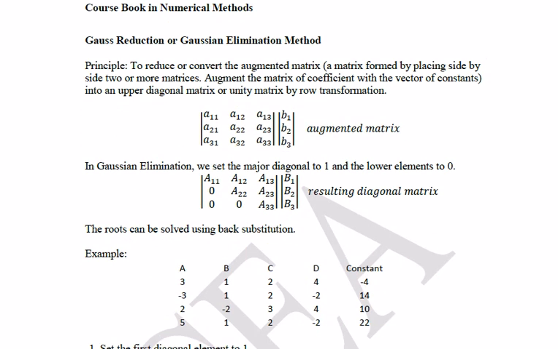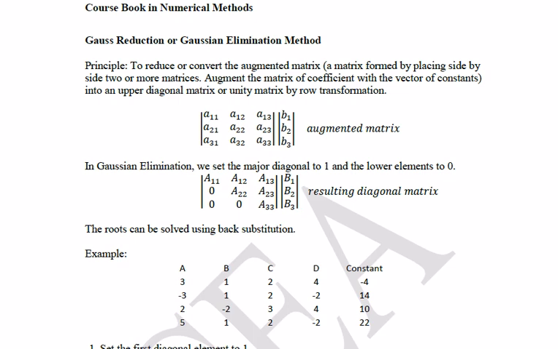So let's now go to our first topic. Our first topic is on Gauss reduction or the Gaussian elimination method. In this method, the principle is to reduce or convert the augmented matrix.